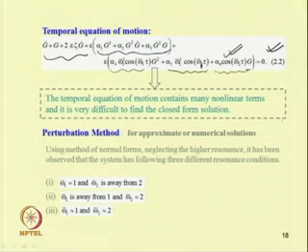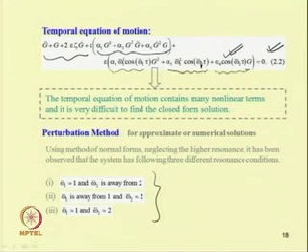Here also we can use the perturbation method, but in this case we can have different resonance conditions. We can take the resonance condition omega 1 bar nearly equal to 1 and omega 2 bar away from 2. Similarly, omega 1 bar away from 1 and omega 2 bar nearly equal to 2, and omega 1 bar equal to 1 and omega 2 bar equal to 2.